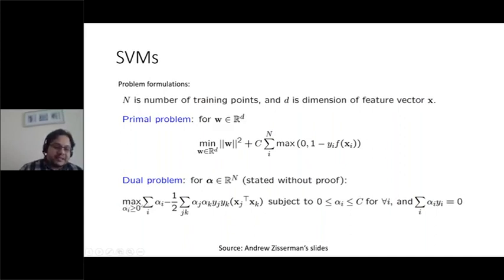We want to maximize this, the sum of alphas. This is not exactly the parameters that are in the W. These are a little bit different. Minus one, this is the same alphas that we are trying to learn. These are yj and yk.